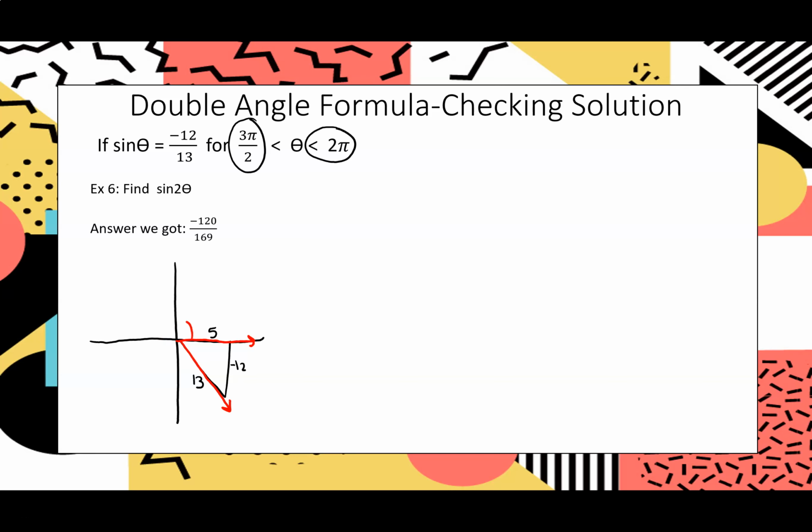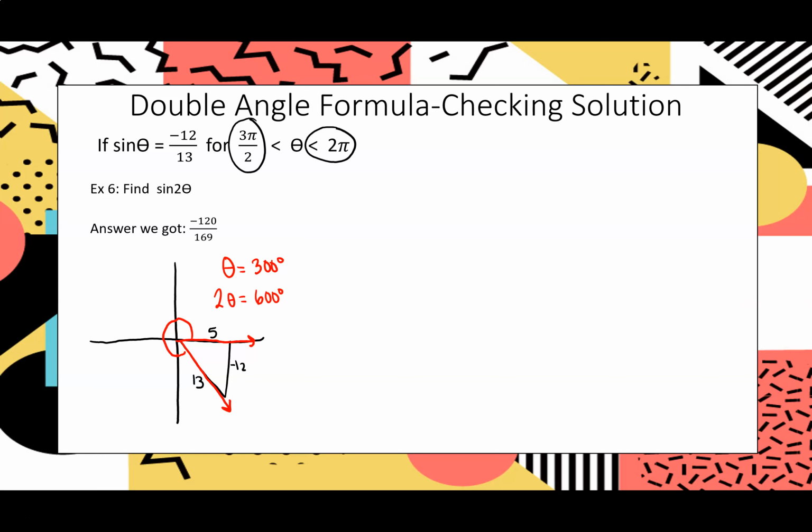Well, this here is 90. Now we're at 180, and now we're at 270, and then we've got a little bit more. Let's keep our math easy and estimate that theta is about 300 degrees, which would mean that 2 theta is roughly 600 degrees.